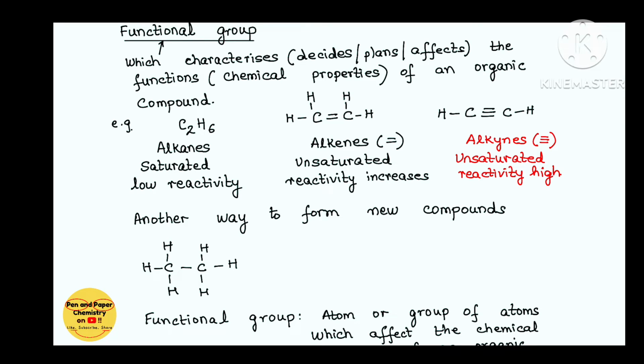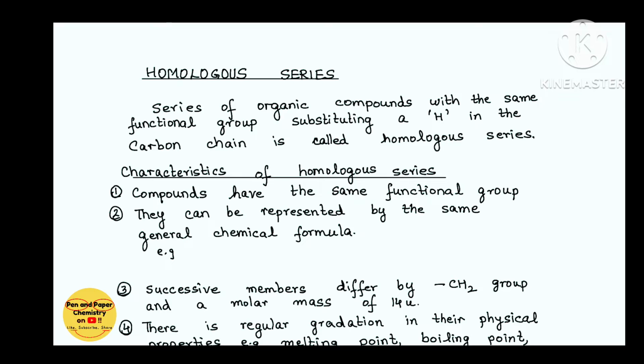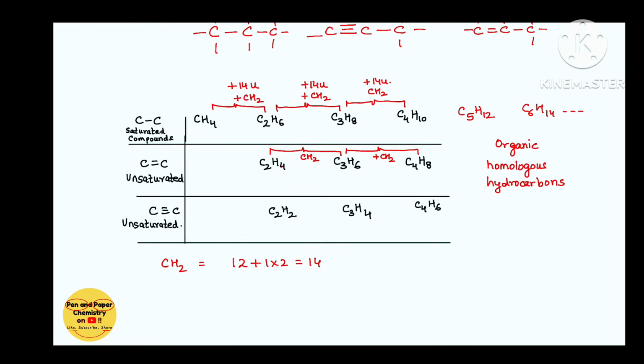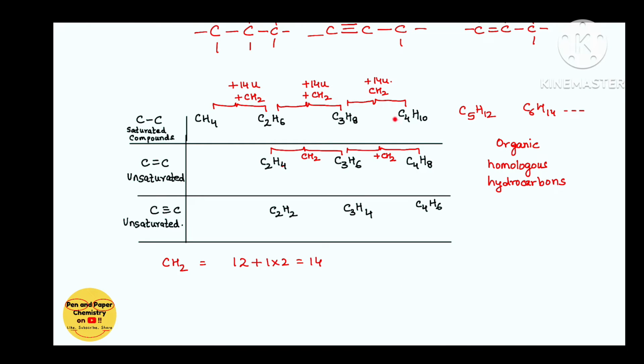We will come back to this a little later in this video itself. Let's go back to the homologous series, wherein we said that the successive members differ by a CH2 group, a molar mass of 14 u.